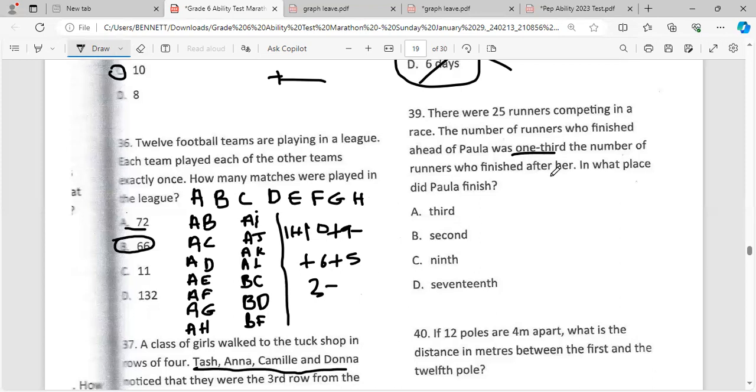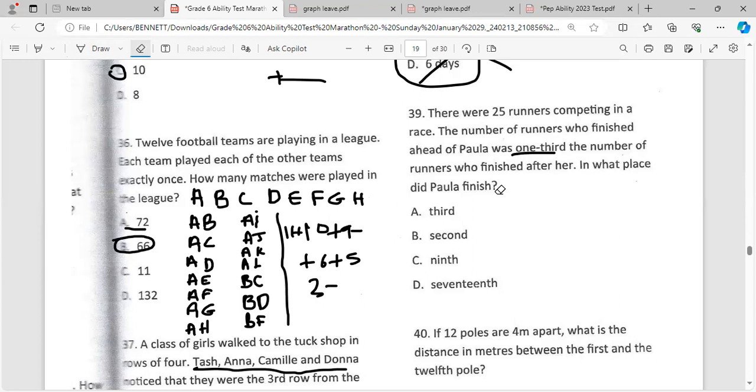I was thinking that they are saying 1/3 finish behind her, because I know that wouldn't be possible. That's not what they're saying. They are saying, in what place did Paula finish? She finished 9th, because the number of persons who finished ahead of her is 1/3 of the number who finished after.